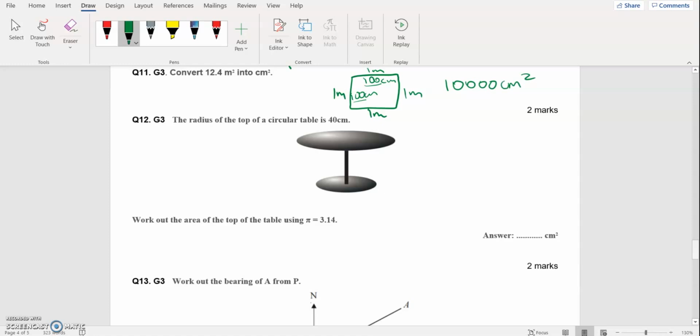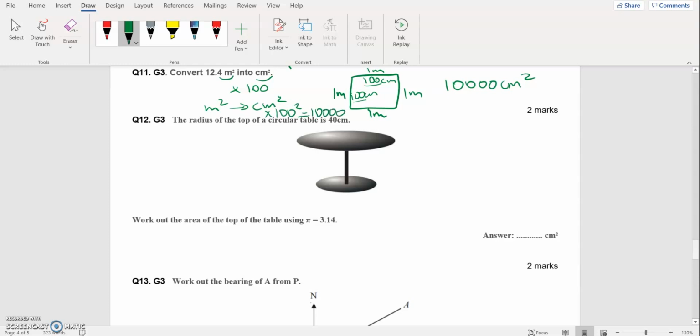So to convert from meters to centimeters we would have to multiply by 100, but when converting from meters squared into centimeters squared, we'd have to multiply by 100 squared, which is 10,000.